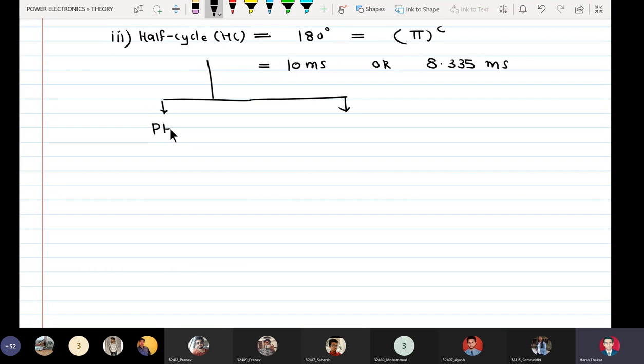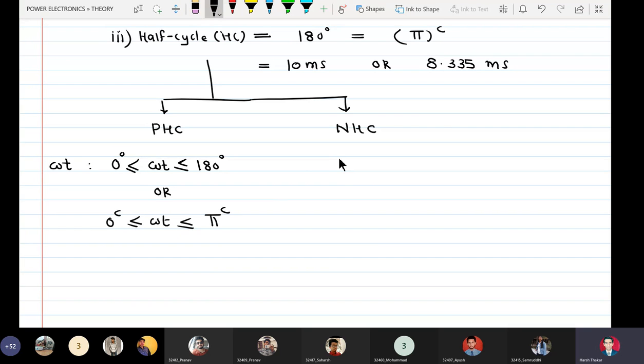We have positive half cycle and we have negative half cycle. So the values of omega t for positive half cycle will be omega t greater than or equal to 0 radians. Okay, we'll put it in degrees first. Less than or equal to 180 degrees, or we can say omega t greater than or equal to 0 radians, less than or equal to pi radians.